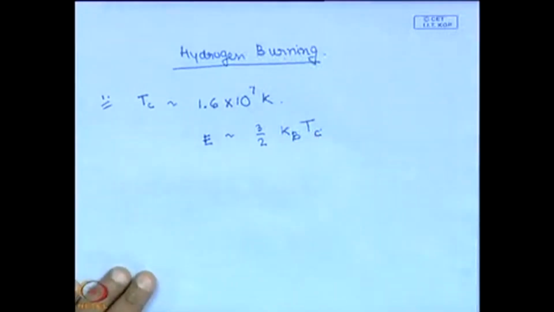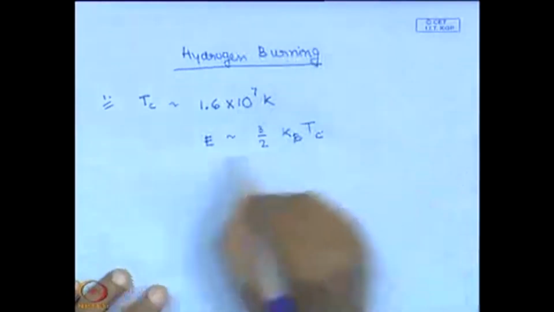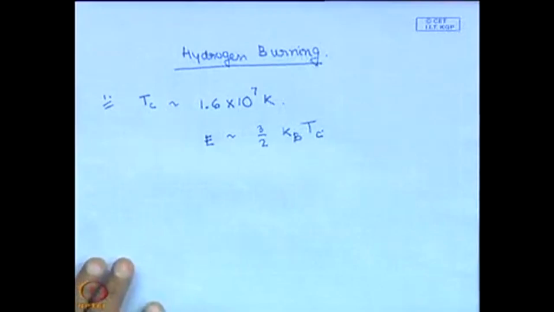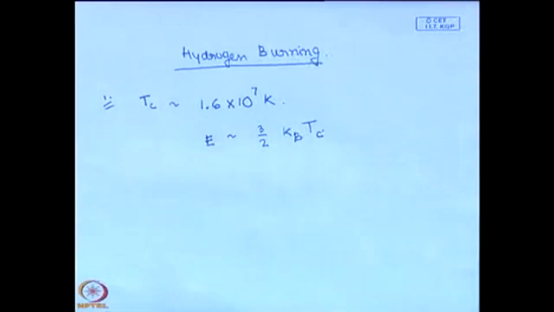The particles inside have a Maxwell-Boltzmann distribution of velocities, and so the kinetic energies also have a spread. The typical energy, the average kinetic energy, is of the order of 3 by 2 kBT, and you put in the values.